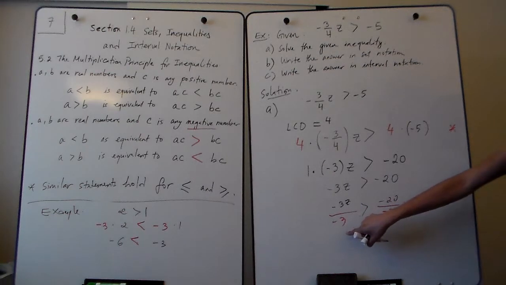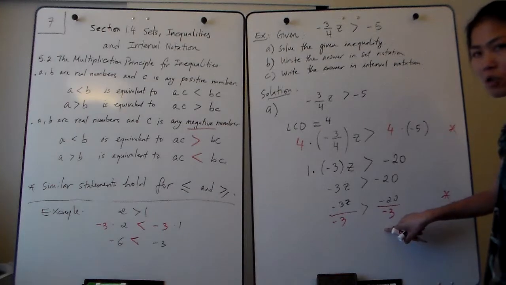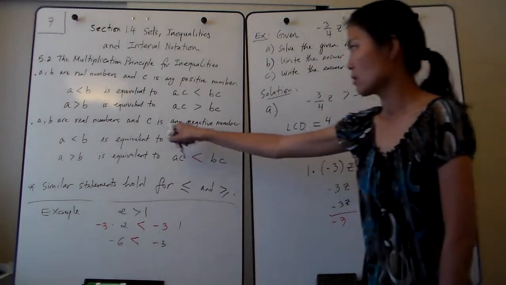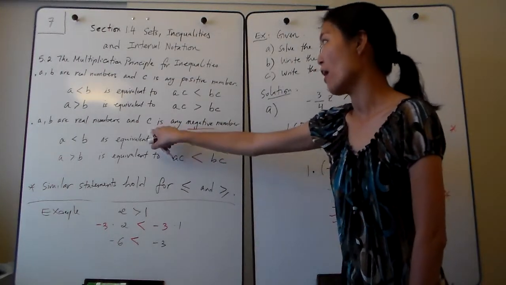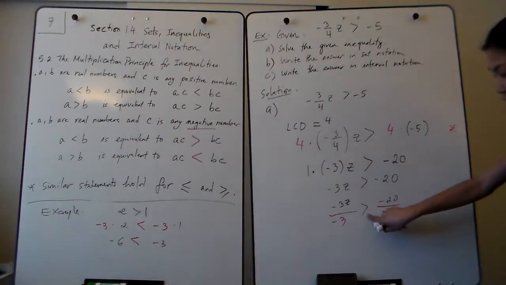So now just divide by negative 3 on both sides. The question is, do I need to reverse? If you multiply or divide by a negative number, you need to reverse. So I cannot keep this inequality.